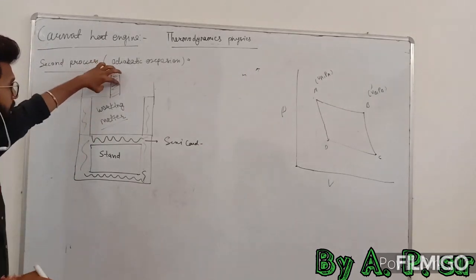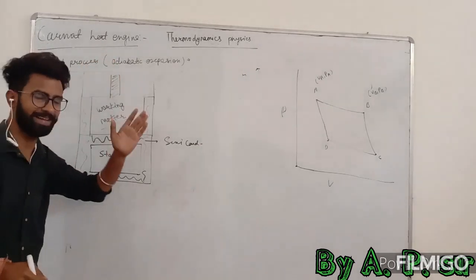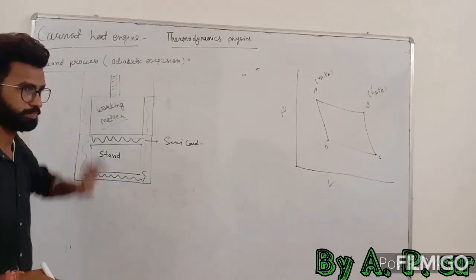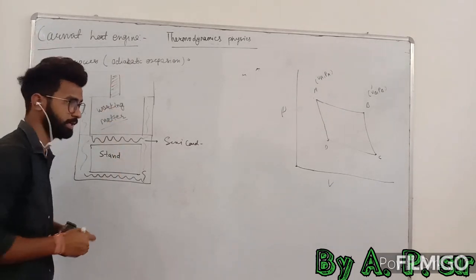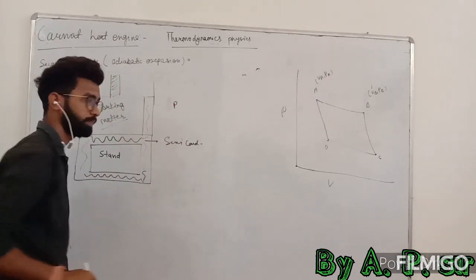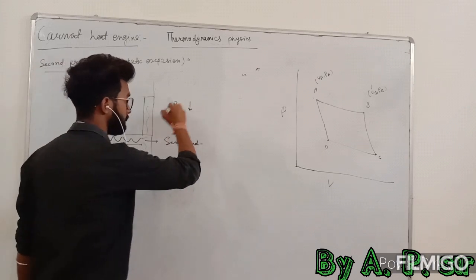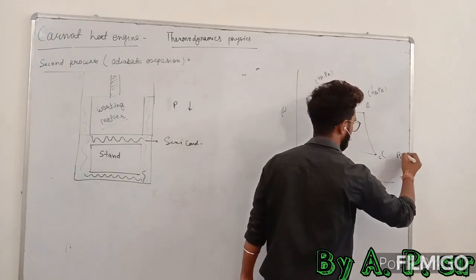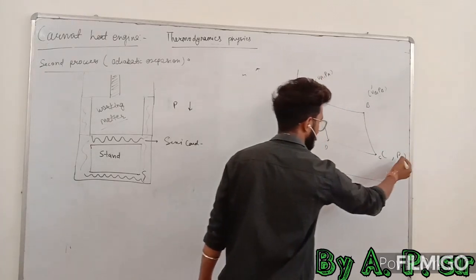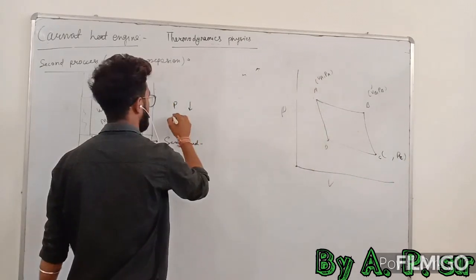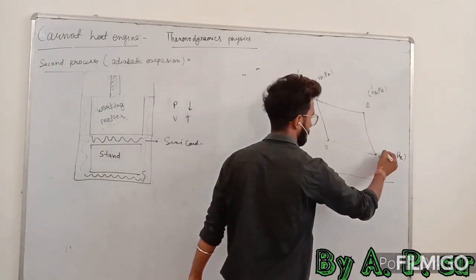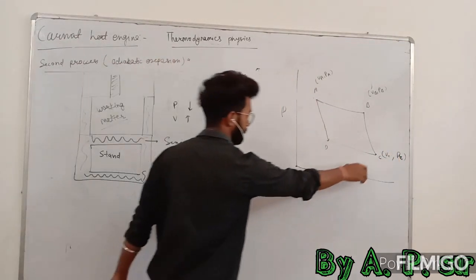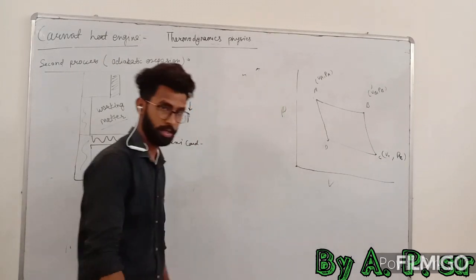Then, as in the first process, if we pull the piston, pressure will decrease from PB to PC, and volume will increase. It is represented in the graph by point C.